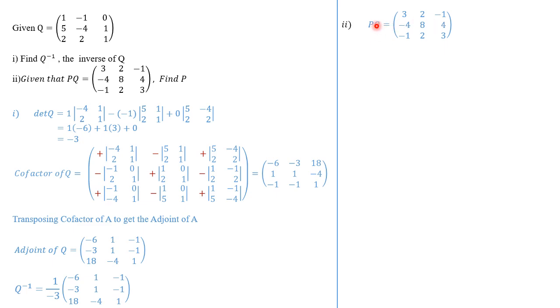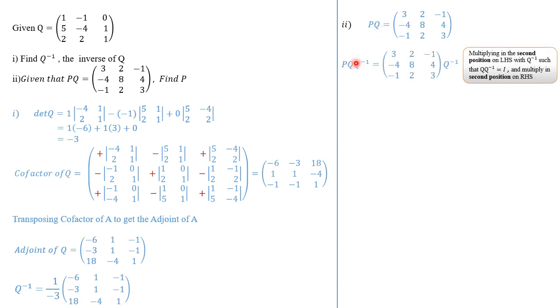Because we need to find matrix P, we look at the position of Q. Q is in the second position, so the inverse is going to multiply in the second position on both sides. So PQ times its inverse gives the identity matrix, equal to this matrix times Q inverse. Q times Q inverse gives the identity matrix, times P.